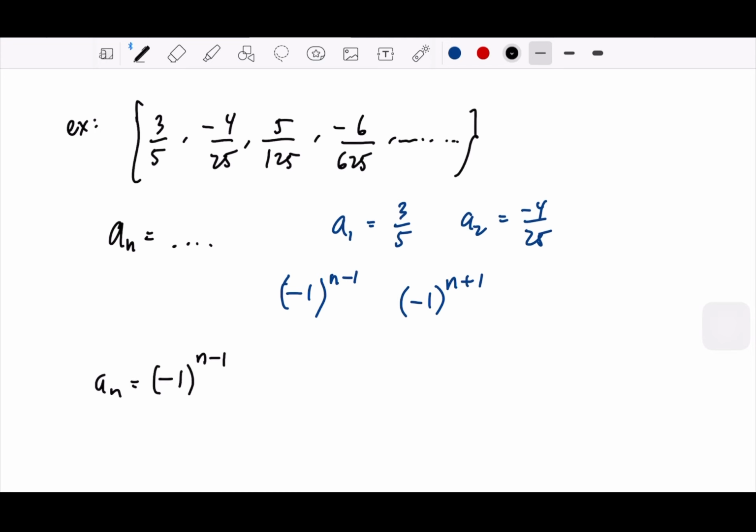And then the next is 3 over 5, 4 over 25. So if we look at the sequence, it starts from 5 and then it's multiplied. It has a certain 5 with power of something, right?